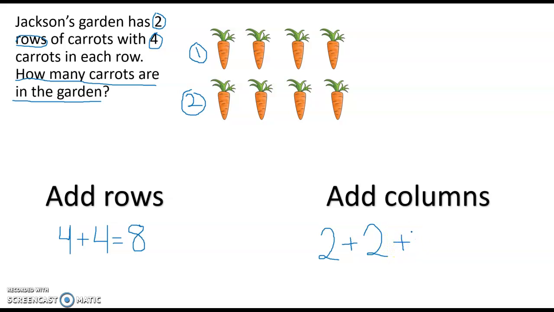And there's one more column. The last column also has 2 because it's an array, so my columns are equal. 2 plus 2 equals 4, plus 2 more is 6, plus 2 more equals 8.